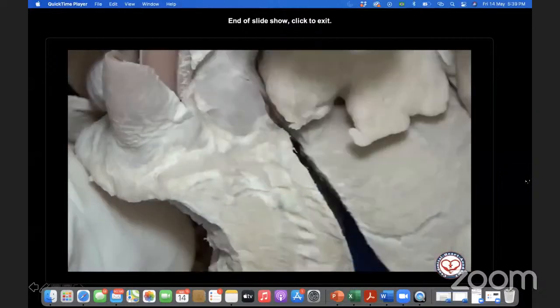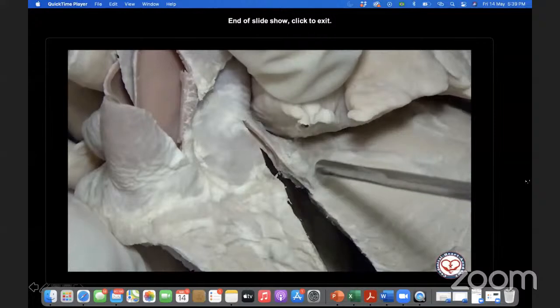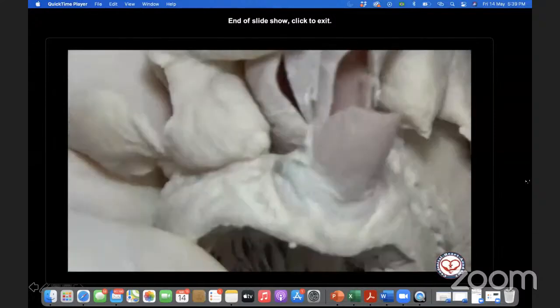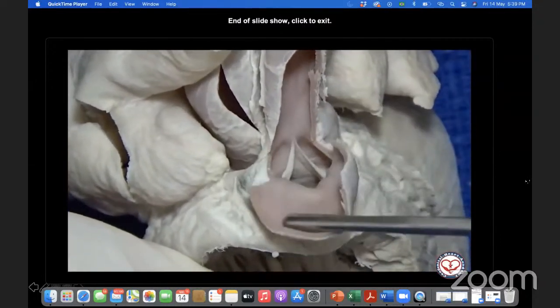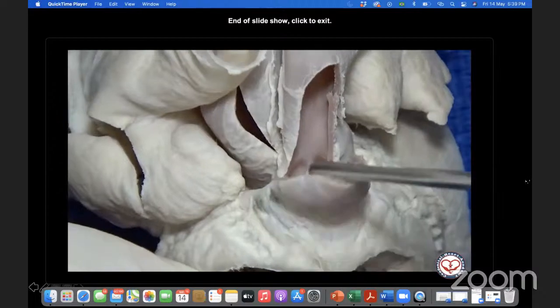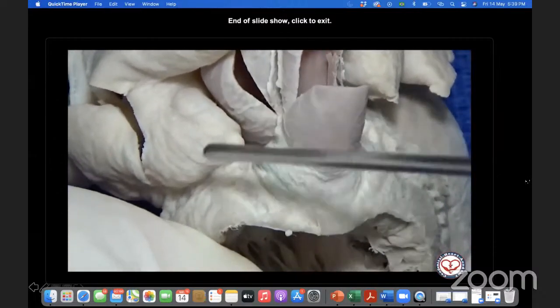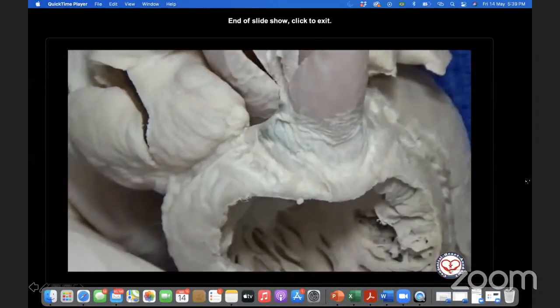The circumflex branch will then run beneath the juxtaposed appendages and within the left atrioventricular groove. So this specimen has a single coronary artery from the left-hand facing sinus, or sinus number 2, that gives rise to all 3 major branches of the coronary arteries.